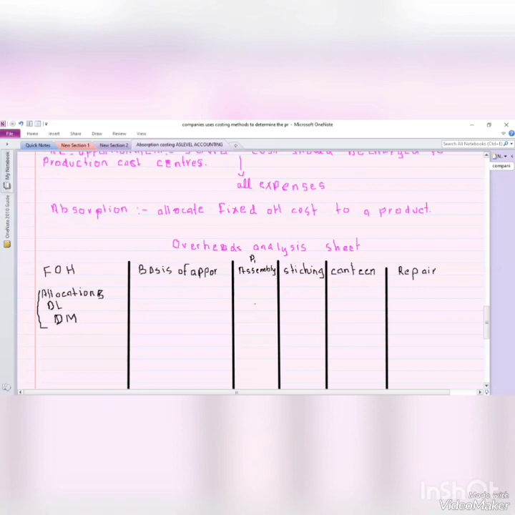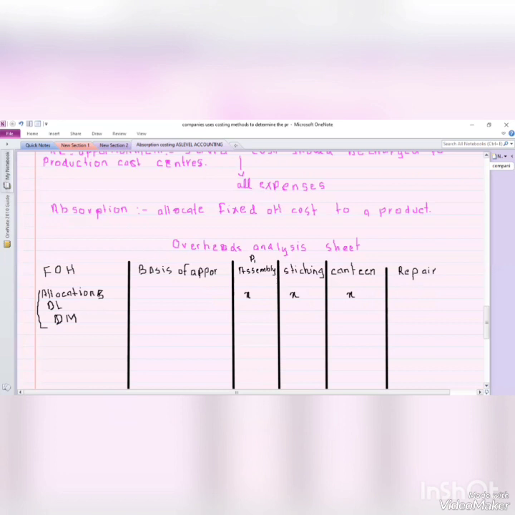So assembly has some direct labor cost, the stitching department also has direct labor cost because different workers work there, and there are workers in the canteen department, so their cost goes to the canteen department.